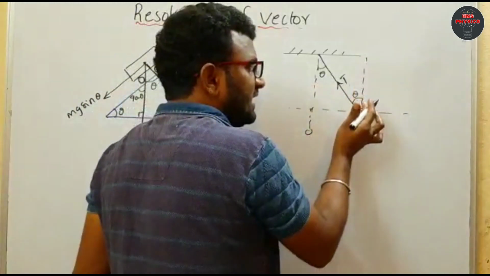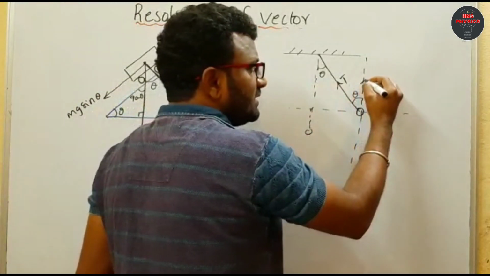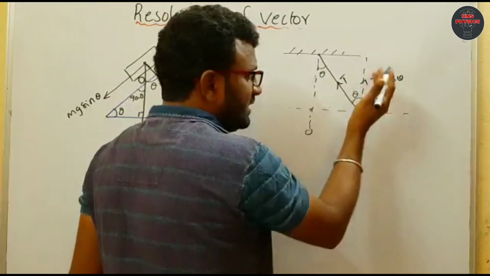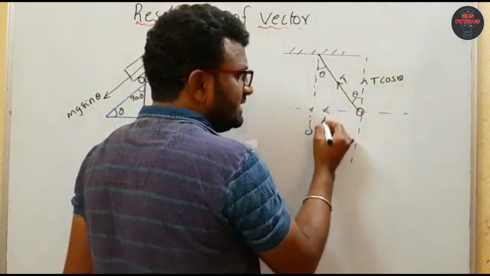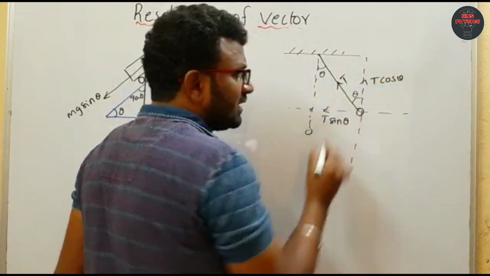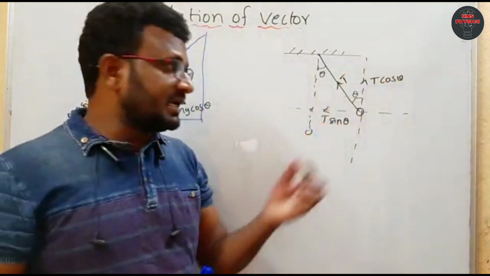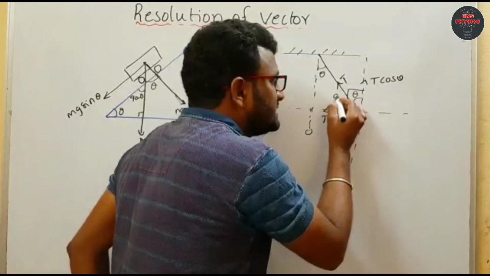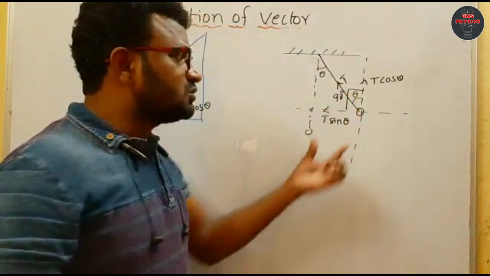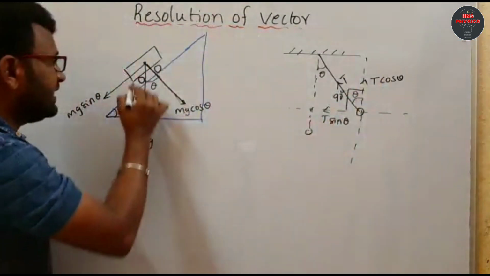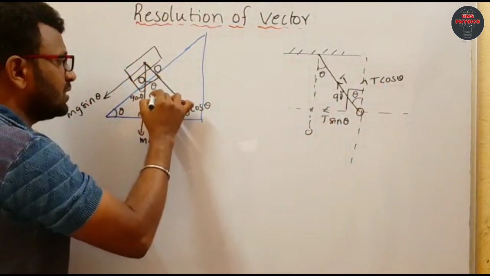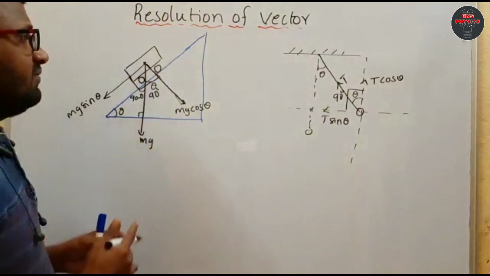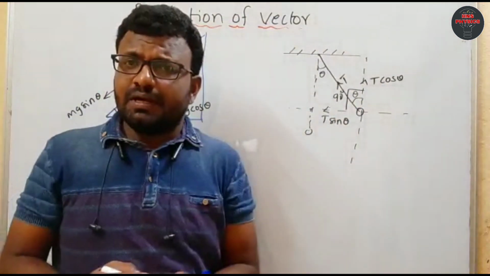Along the horizontal direction, this is the horizontal component T cos theta, and the other one is T sin theta, because these two are rectangular components. Rectangular components means the angle between these two components is 90 degrees. Even here also, between these two components, the angle is 90 degrees. Like this we can resolve the components, right?